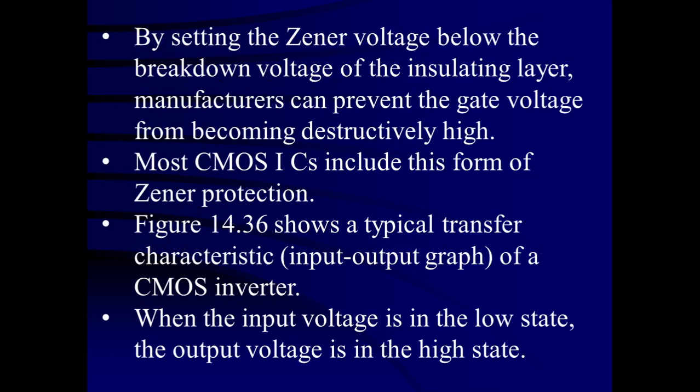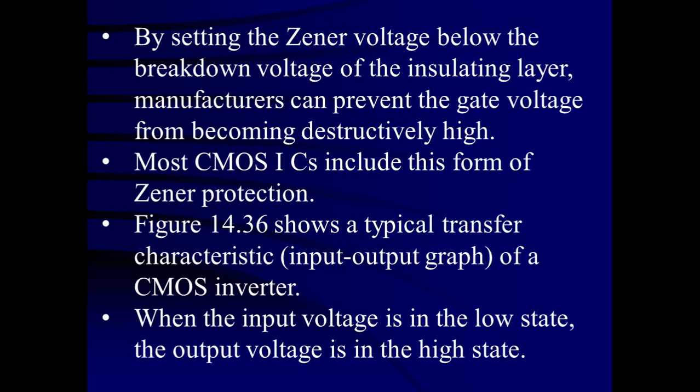By setting the Zener voltage below the breakdown voltage of the insulating layer, manufacturers can prevent the gate voltage from becoming destructively high. Most CMOS ICs include this form of Zener protection. Now we will see the typical transfer characteristic of the CMOS inverter.